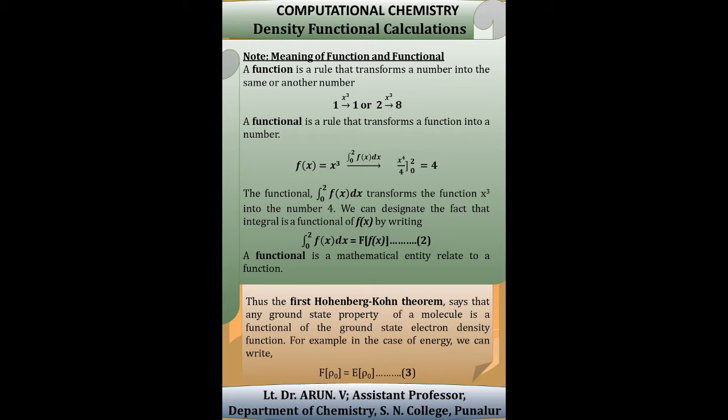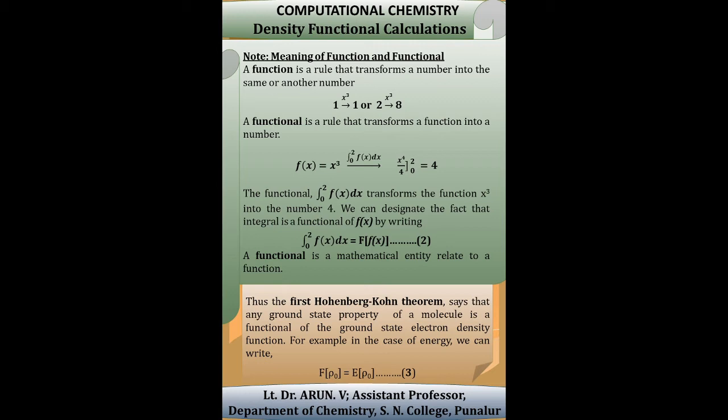We can convert the x cube to a number, that is 4. For this we use a functional, that is the integral from 0 to 2 of f of x dx. This is the functional. This functional transforms the function x cube into a number 4.